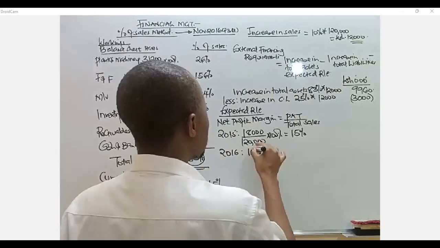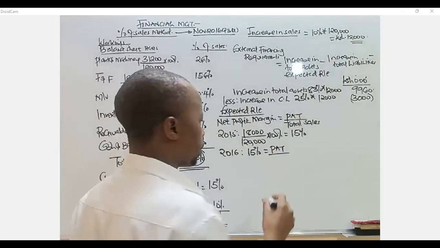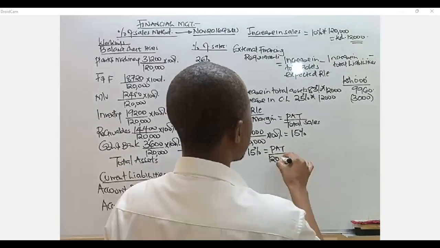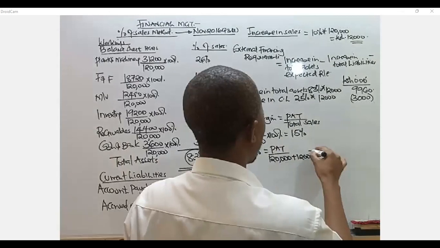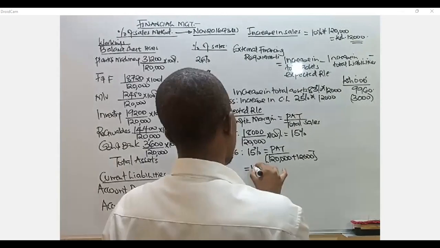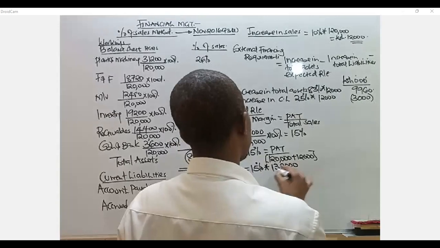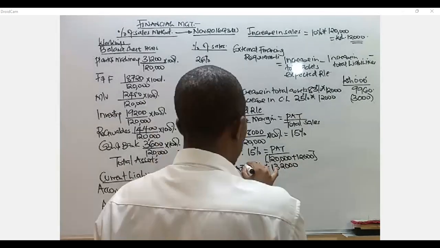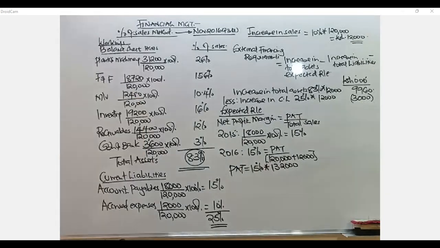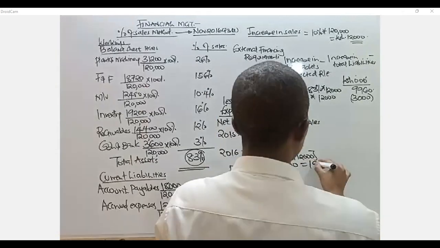So you just need to say 15% is equal to the profit after tax divided by the total sales of ours. We just take 120,000 plus 12,000. That is what you just need to do. So in simpler terms, I just take 15%, I multiply by 132,000. This will give us our profit after tax for the year 2016. 0.15 times 132,000, you'll be able to get our profit after tax in the year 2016 will translate to 19,800.